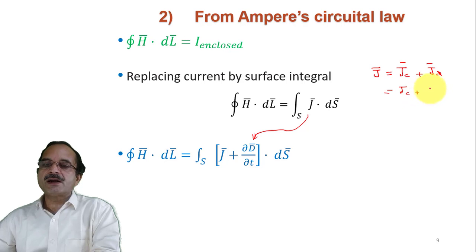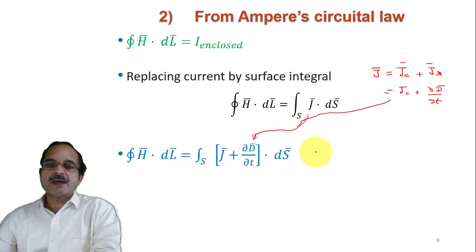Now the displacement current density, we have seen in one of the videos, is equal to the rate of change of electric flux density. Substituting this here, these are the Maxwell's equations derived from Ampere's circuit law in integral form for time varying fields.